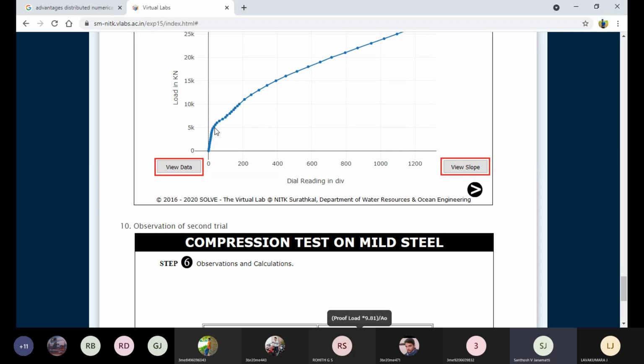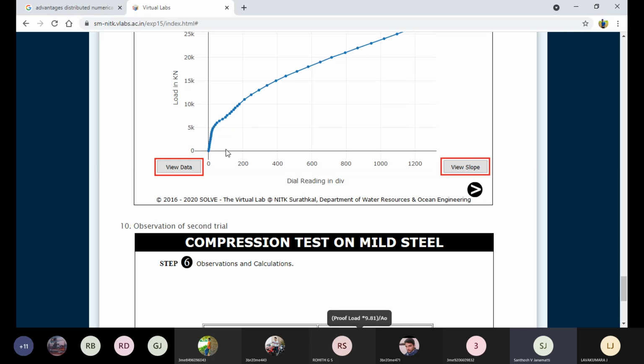Keep an eye on my cursor. Here you can hold it and draw a slope. Definitely you get a slope. Then with the help of the slope, you can note down the beginning point or end point of the stress or strain values.